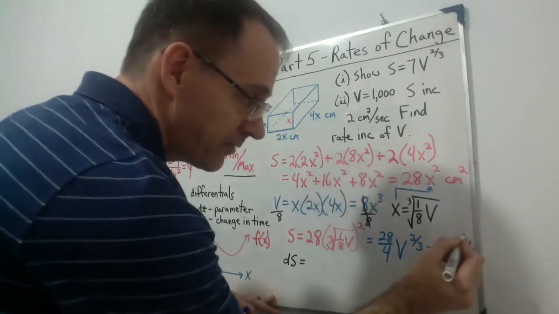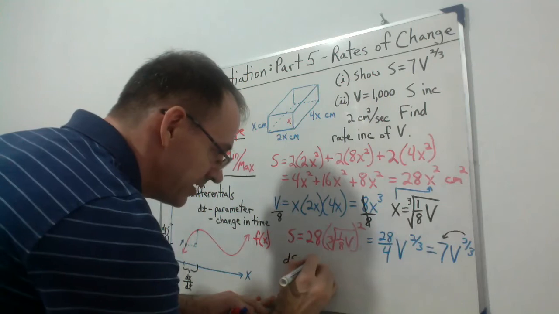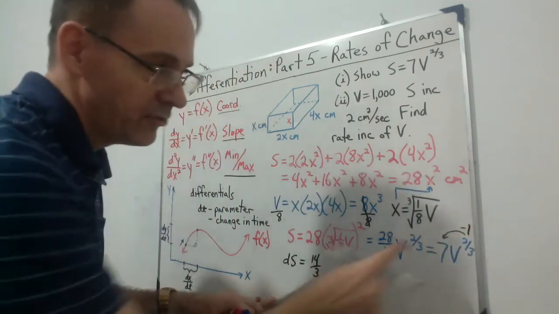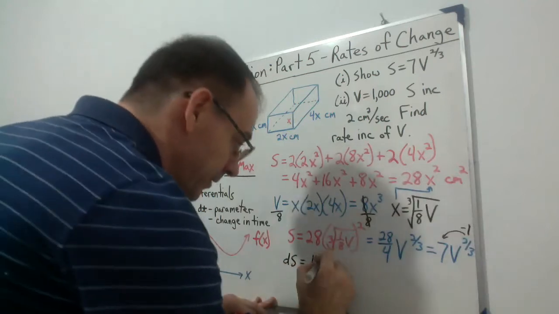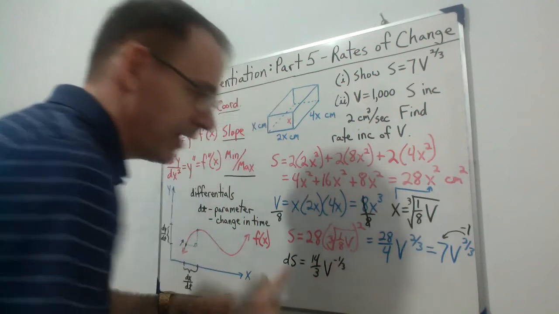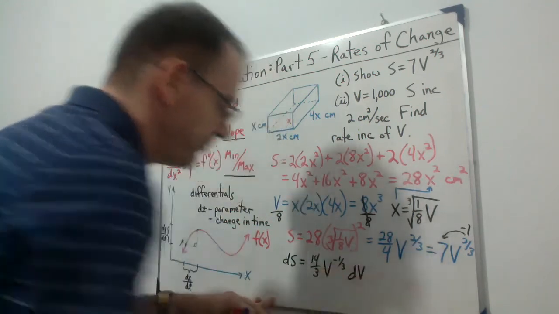So now we have to multiply the 2/3 to the front. So that's 14/3. Subtract 1. 2/3 minus 1 is v to the negative 1/3. And then the differential, which is dv.